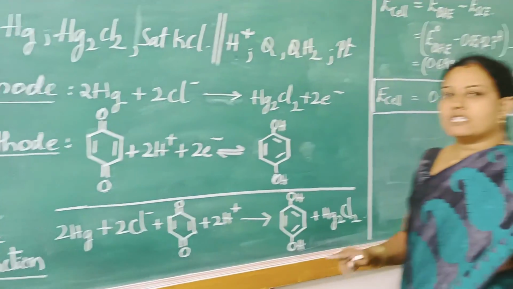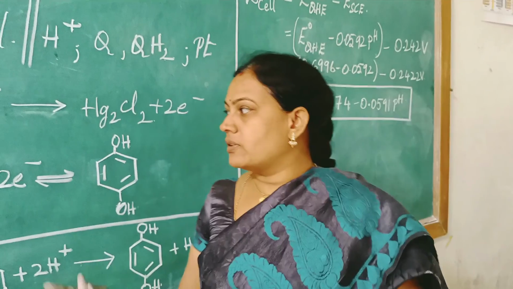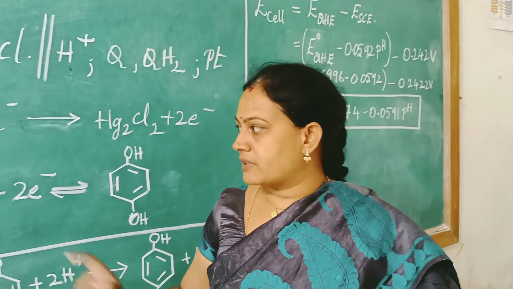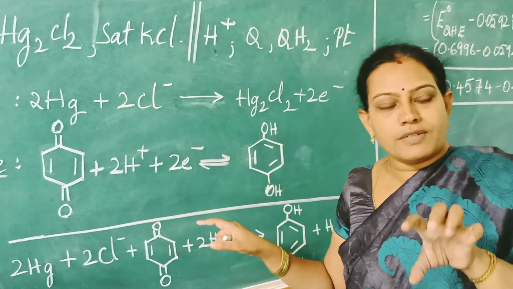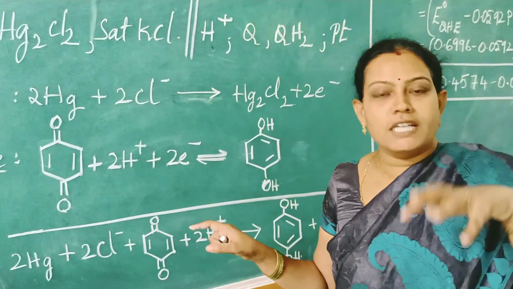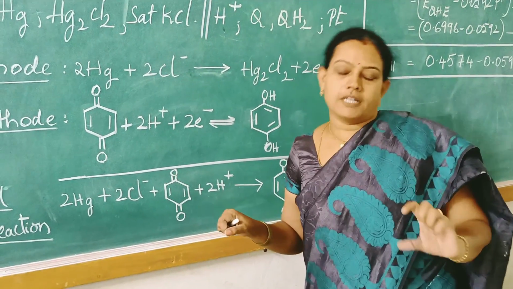Now this particular reaction, where the potentials of the quinhydrone vary with respect to the availability of H plus ions, is the main criteria where we find the change in the overall EMF of the cell. The EMF of the cell is displayed over the potentiometer.